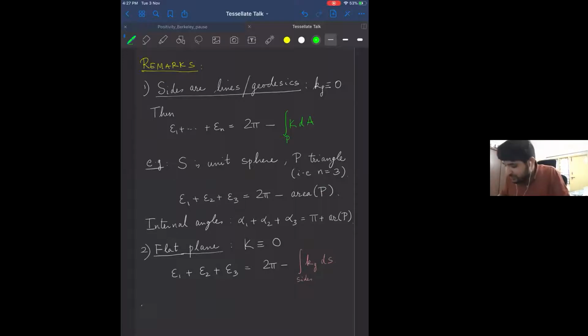Okay, so I should just make a remark quickly that if you go back to the previous settings, namely spherical triangles and curved triangles on the plane, you'd recover these statements that I wrote down.